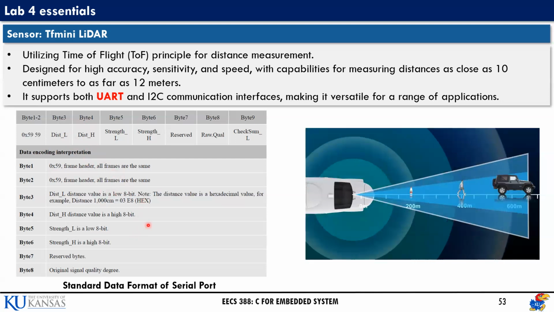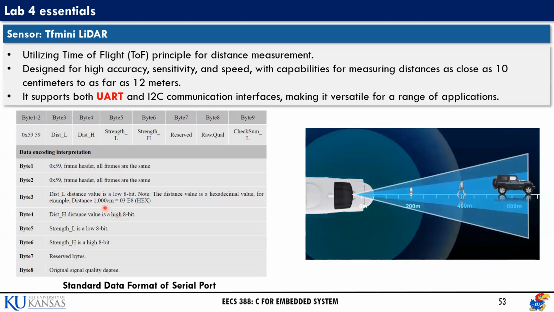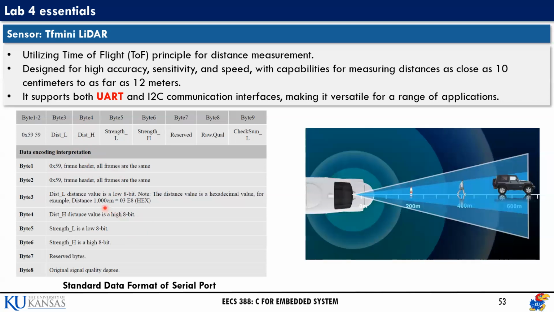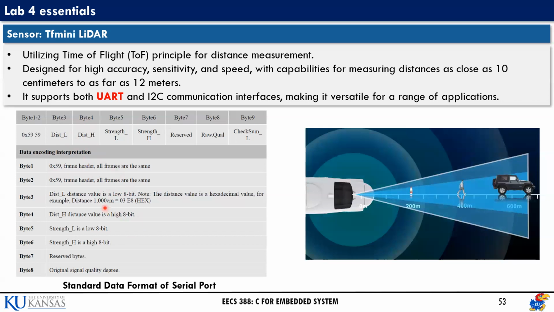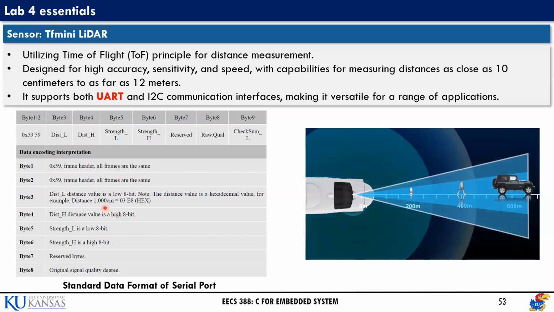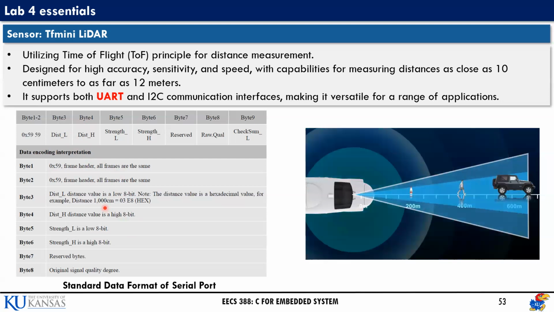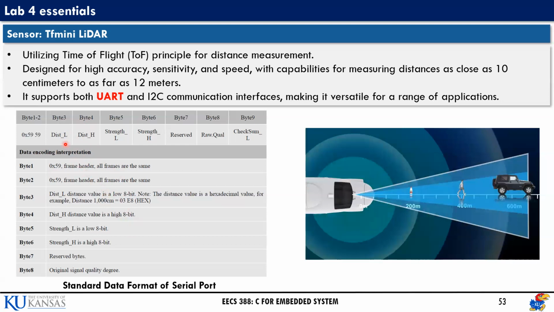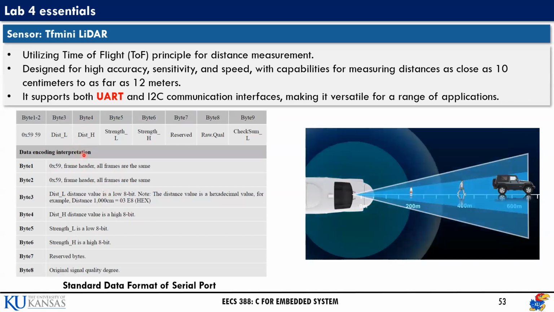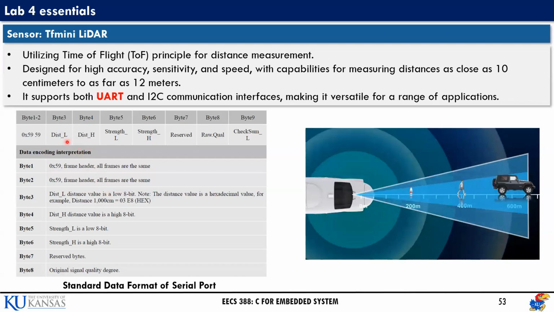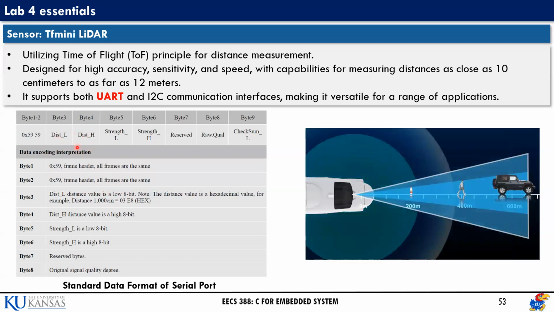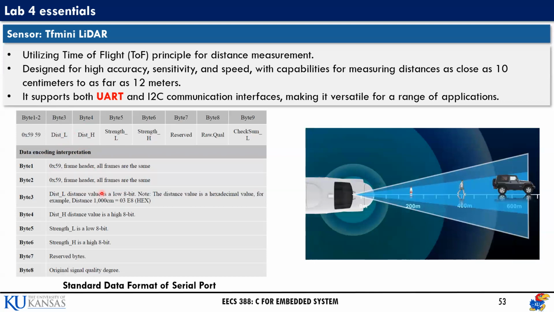For example, if the distance is more than, let's say, 255 centimeters, we need one more bit, right? So that's why we can't represent all the numbers using just the dist underscore L bits. We also need the distance underscore H, and we need to merge these 2 bytes to get a single distance value.